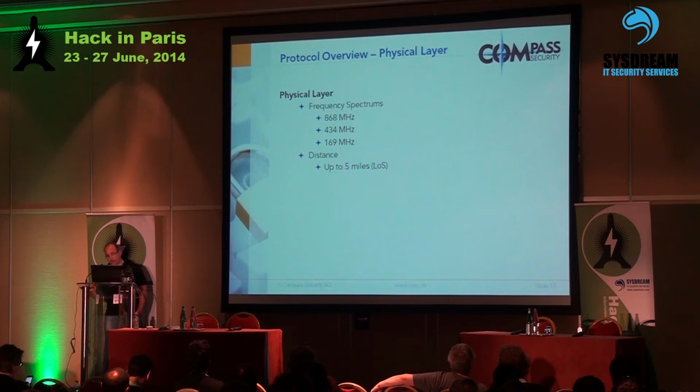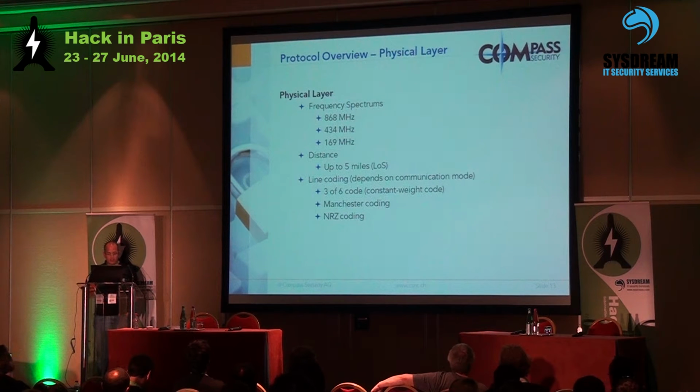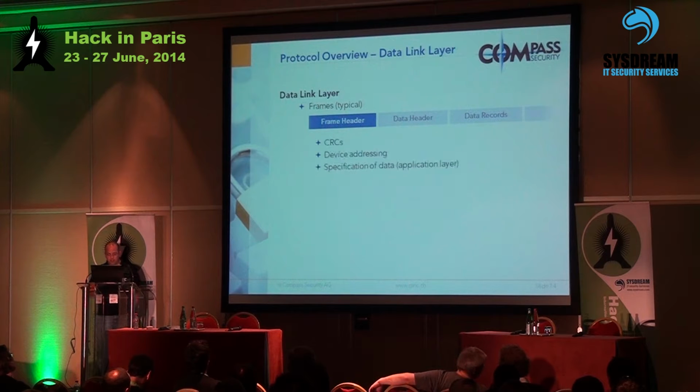There's the device addressing, so if the meter sends a packet, it tells its own address, because the collector must somehow know which meter actually sent the information. There's also a part of the specification called the extended link layer, which also employs some CRCs.